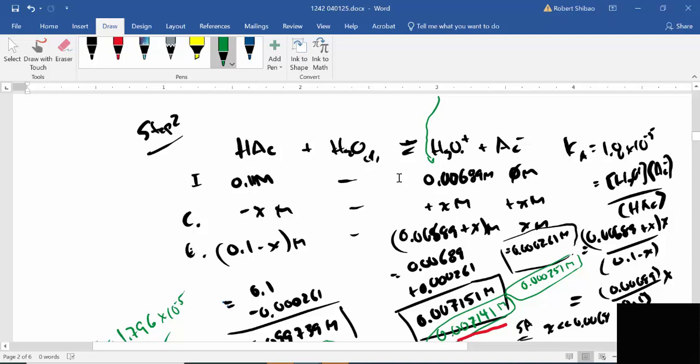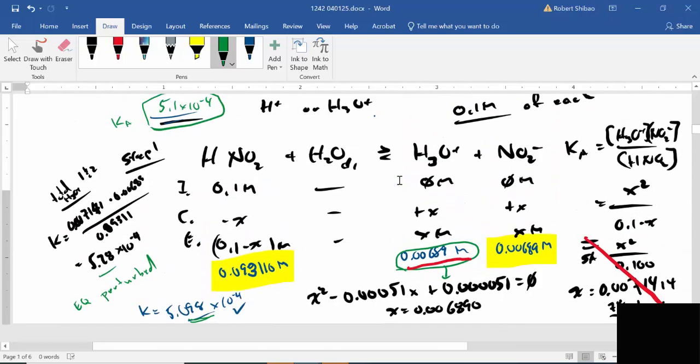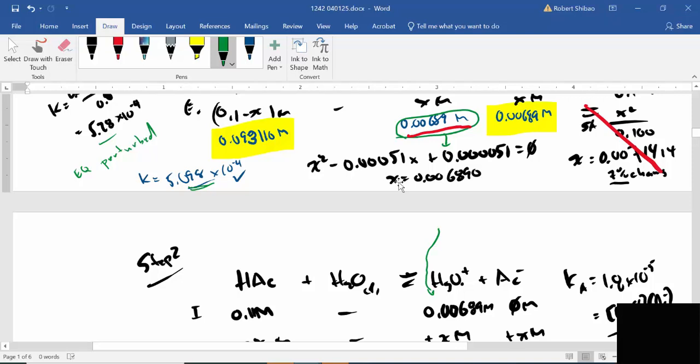We set it up similar to before, except there's one other equation that has to be factored in. What's the one other equation? The water. But do you think water is going to add much? No. So we might be able to get away with ignoring water, and then just do two ICE tables simultaneously like we did before.